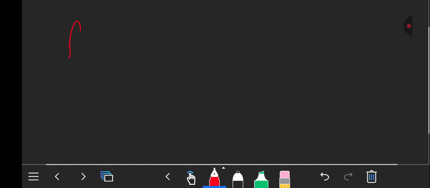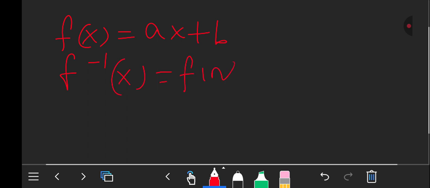Let's say I have a function f of x is equal to ax plus b. When I have f to the power negative 1 of x, this means that you are finding the inverse of f of x.